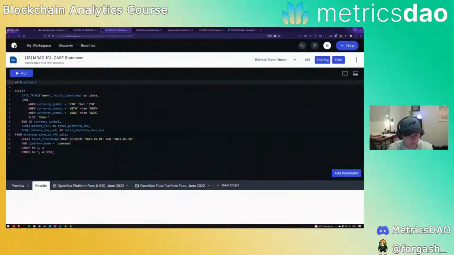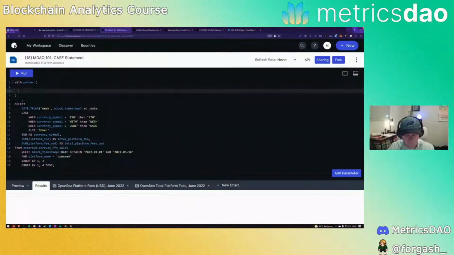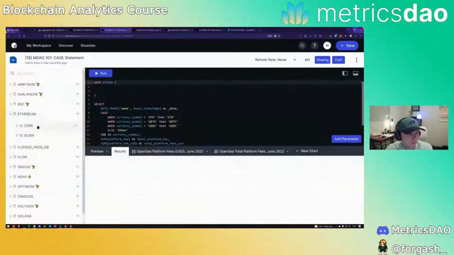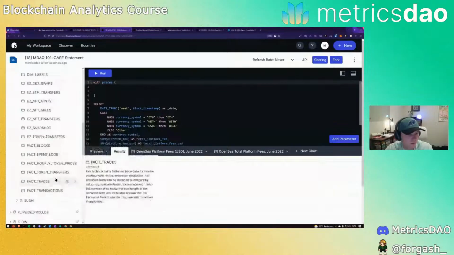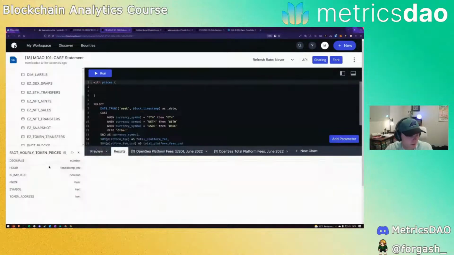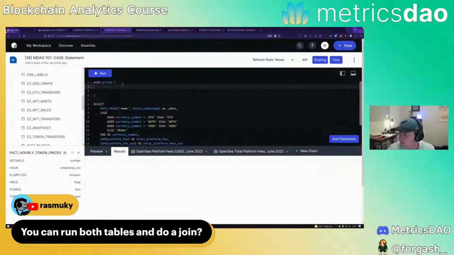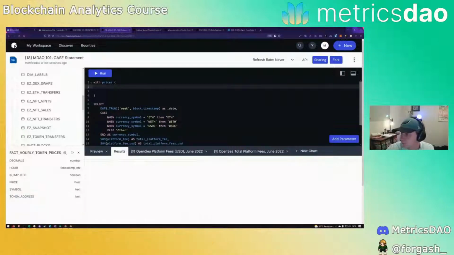Let's say we want to get prices, and we're going to take a look at the prices table, Ethereum core, fact hourly token prices. Okay, so hour and price are basically the 2 that we're looking for. Yes, exactly. So we'll be able to take the prices table here and join it to our result here. That's what we're about to do.